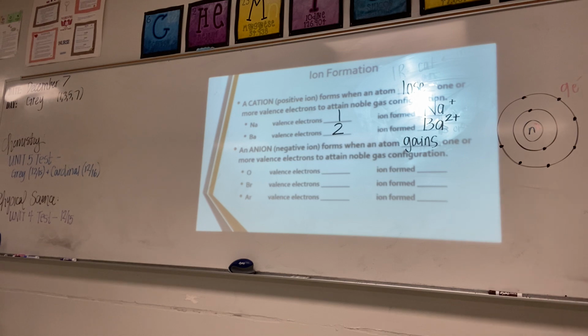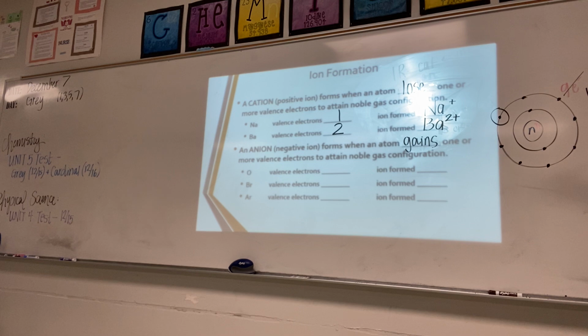But what does fluorine want to do you think? Gain 1, right? It's only missing 1 from its outer shell right here. So when it gains 1, how many electrons does fluorine have? 10. Remember, protons don't change.